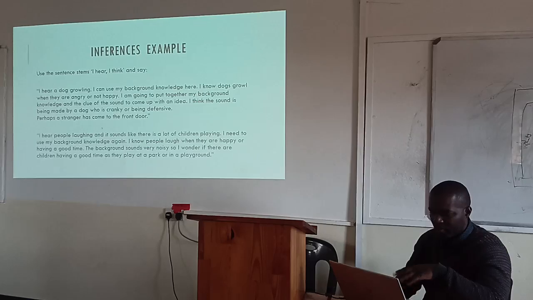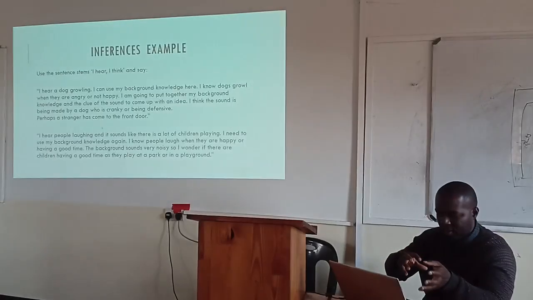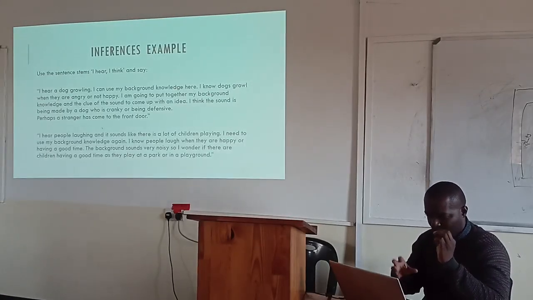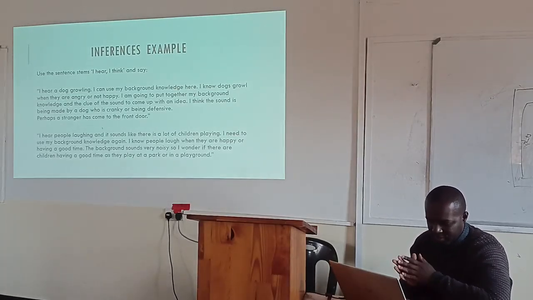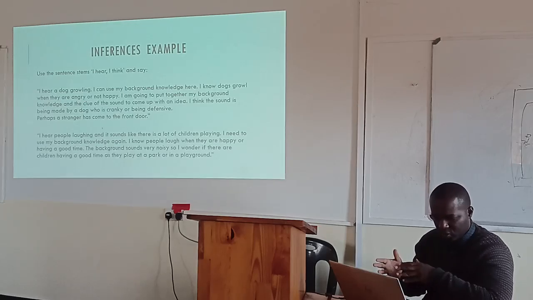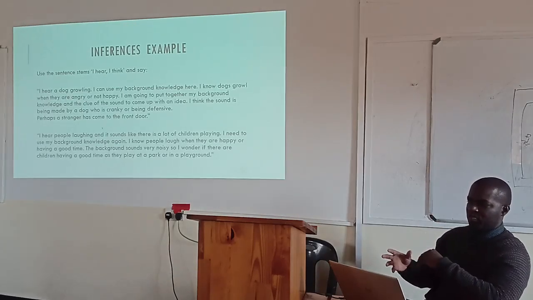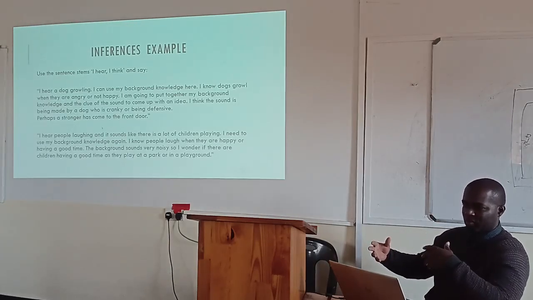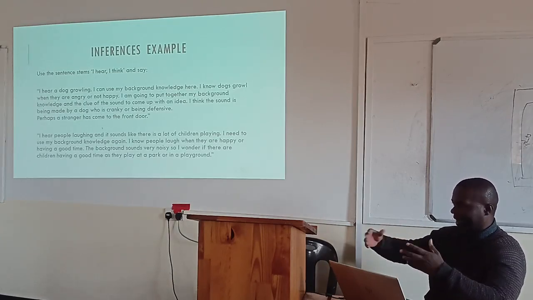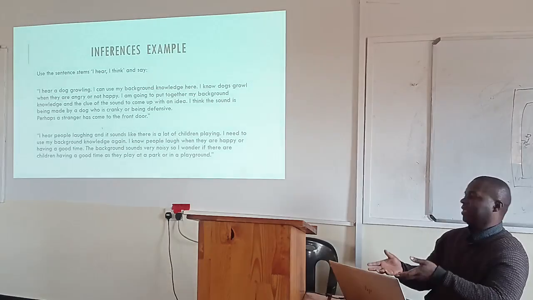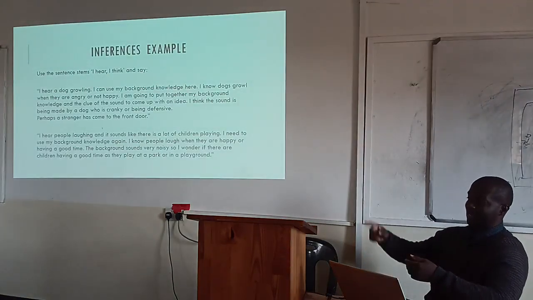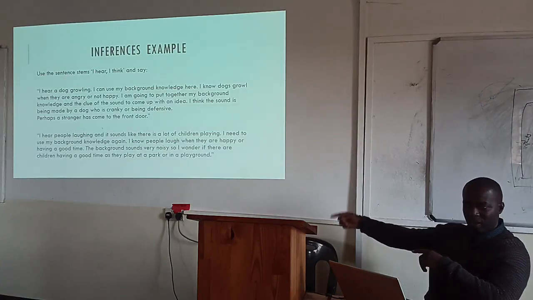Now you take that information and combine it with the sound that you are hearing, and you know that this should be a defensive type of sound. A dog is defending us from something, right? So maybe the conclusion will be that somebody has come outside.